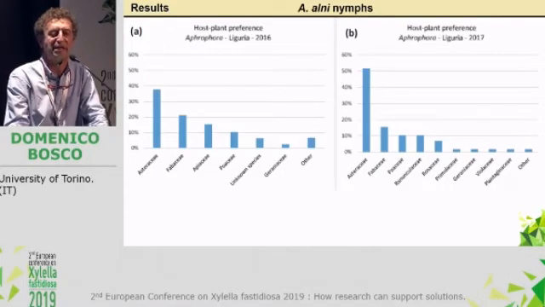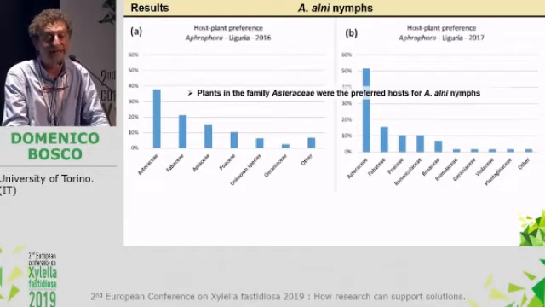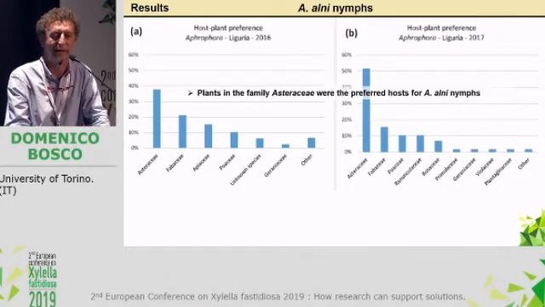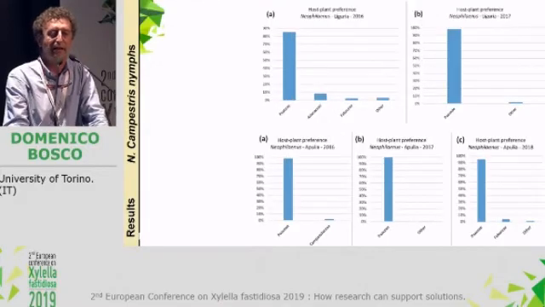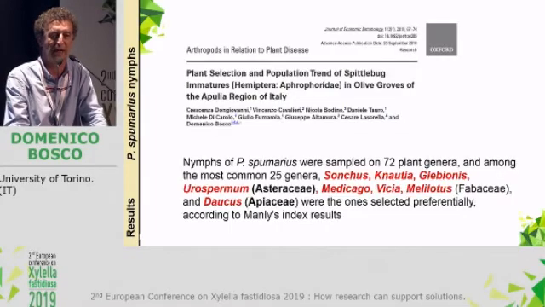As for the host plant association of Aphrophora alni nymphs, we found that they prefer, or at least they select, mostly Asteraceae. And as for Neophilaenus campestris, both in northern and southern Italy, this species is really strongly associated with plants in the family Poaceae, with gramineous plants.